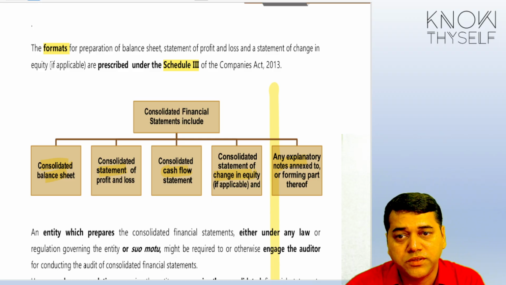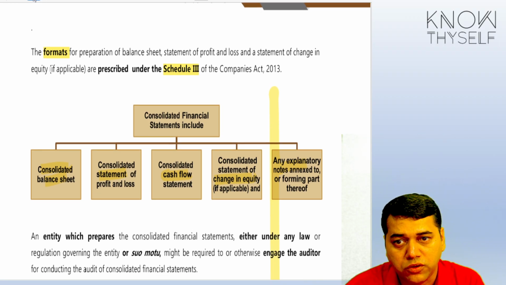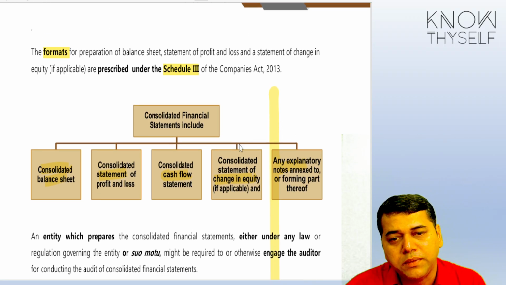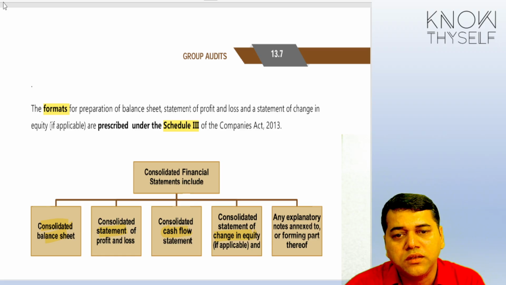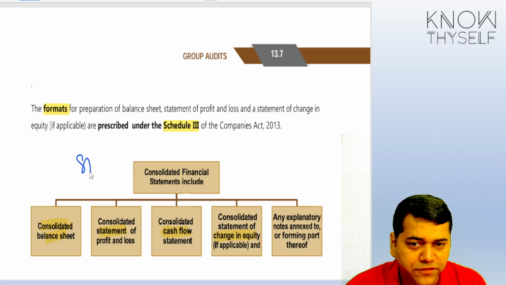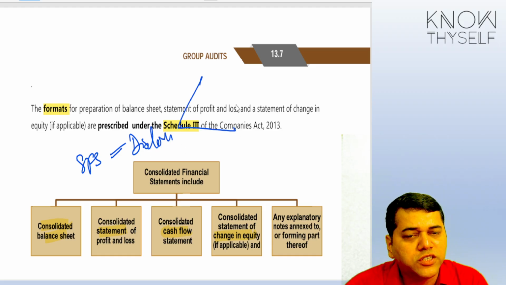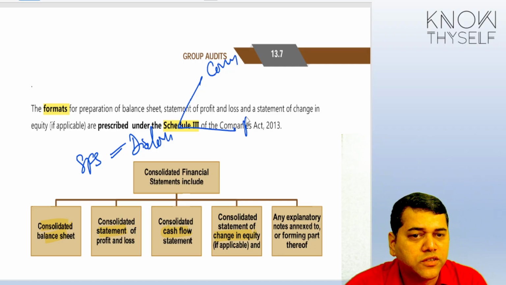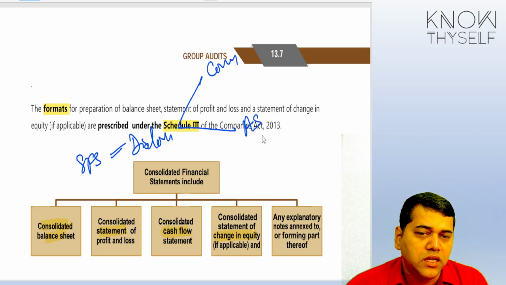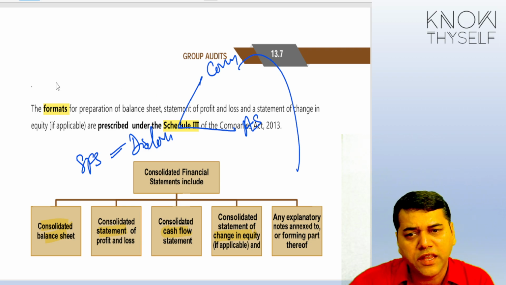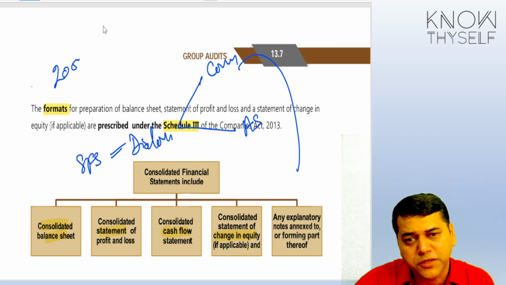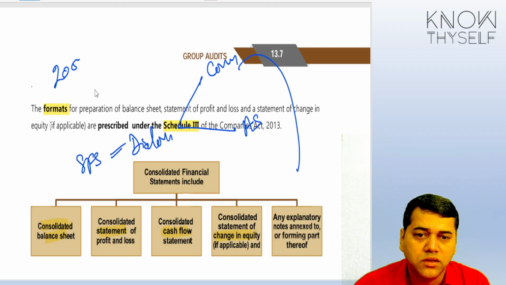Now one question comes, sir, when we are going to prepare the notes to accounts, are we supposed to see, because when we are preparing the notes to accounts as per SFS, we give a lot of disclosures. These disclosures come from the Companies Act, these disclosures come from the accounting standards. Now, there can be 20 subsidiaries, and every subsidiary will have their disclosures.